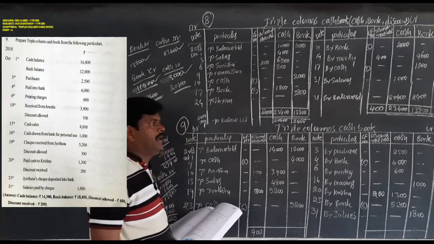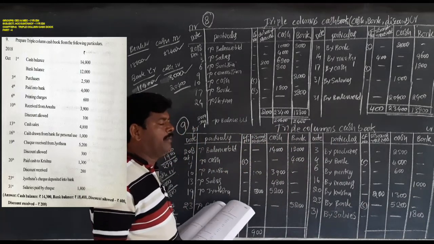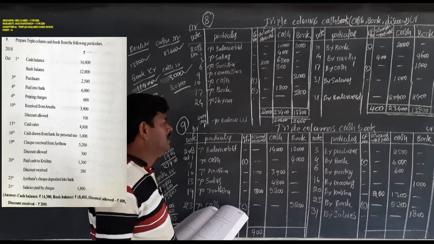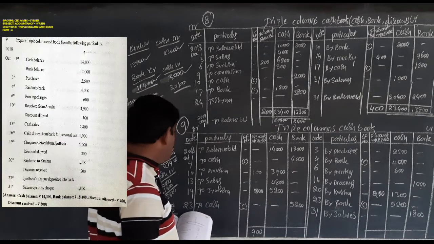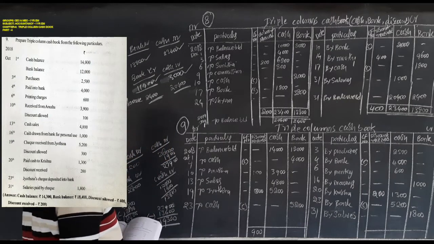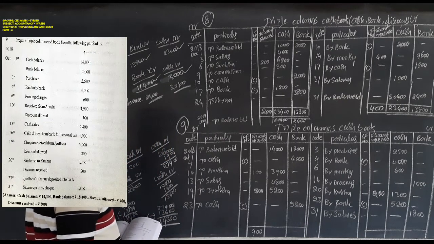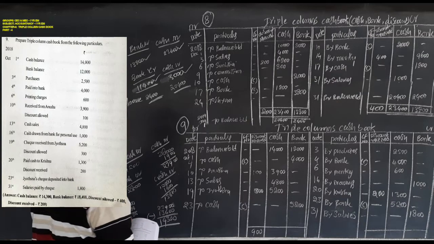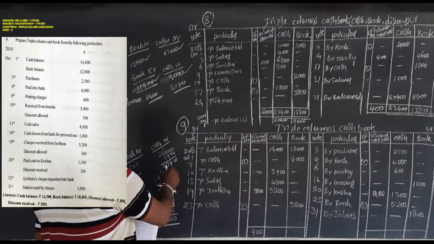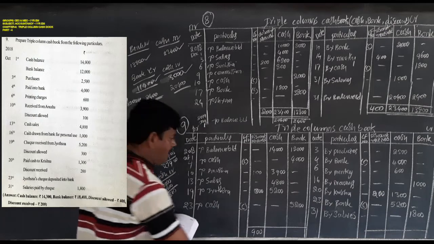Any payment made by check, or payment through check, whatever it may be, must be recorded in the bank column only. And what is the highest amount? That must be recorded in the total of both columns, debit as well as credit. So here the cash column total is 27,900 rupees.